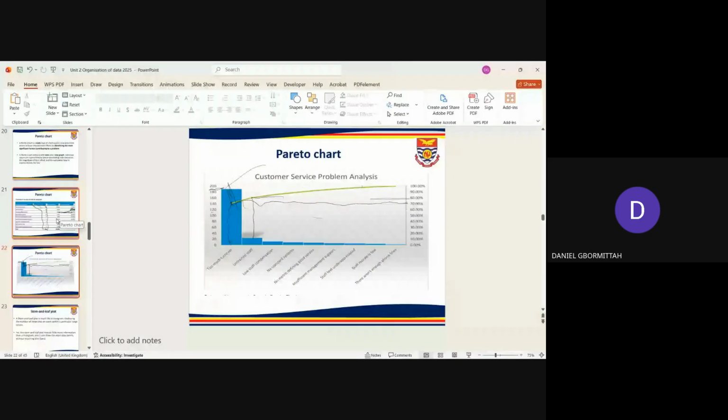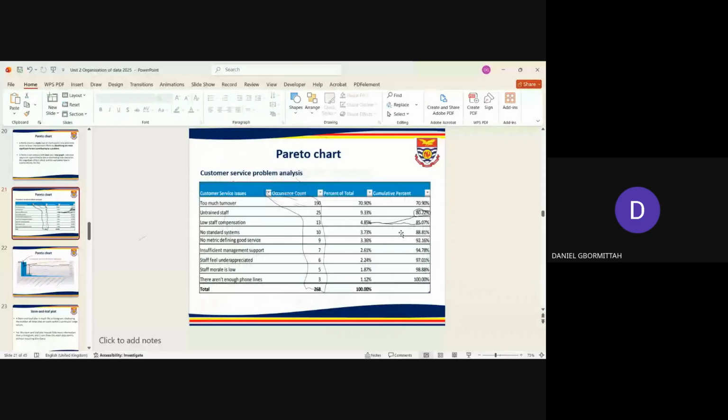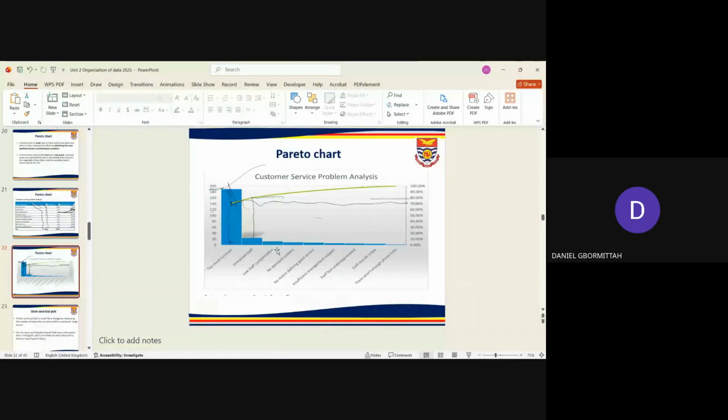Now the cumulative frequency for the next one is what? 85.07, isn't it? So this one is 85%. So let's go and look for 85. That is for the next bar graph. For the next bar graph too, we have to trace the middle. I'm not too sure if it is here, but it is here.